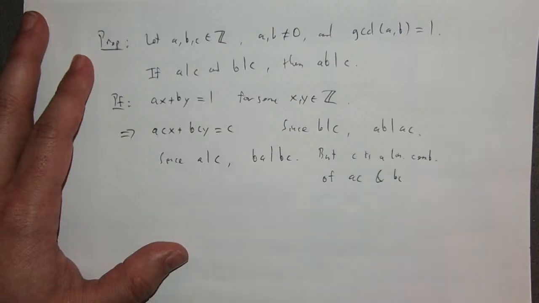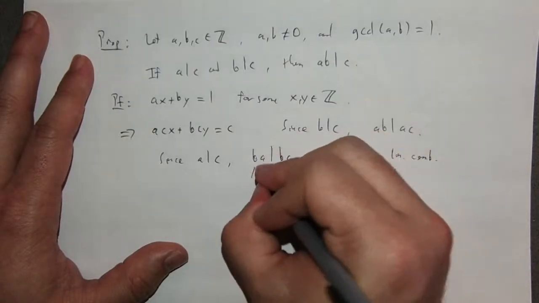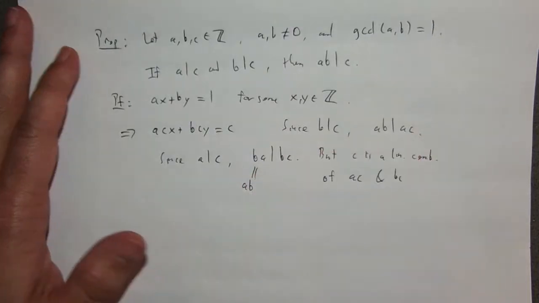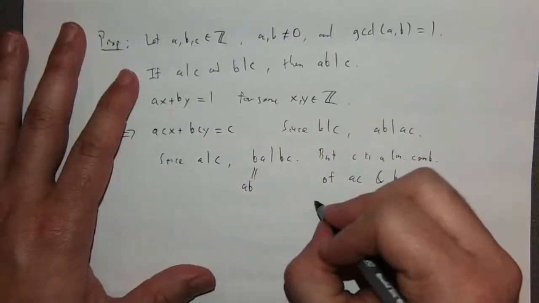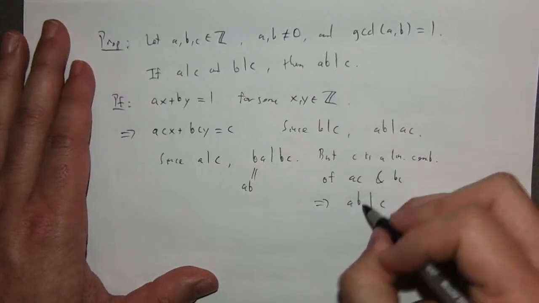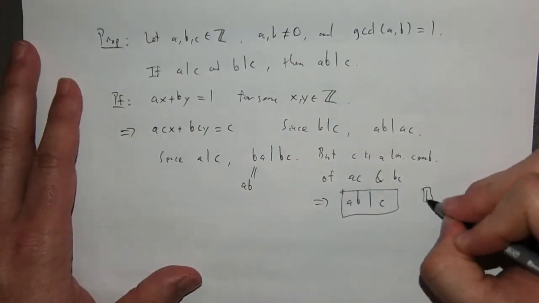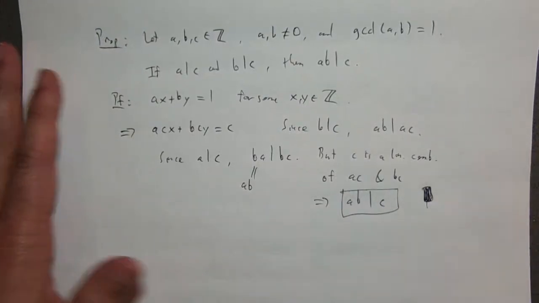So AB divides AC, but BA, which is also AB, divides BC. So AB divides C, since it's written as a linear combination of those two things. And that does it.